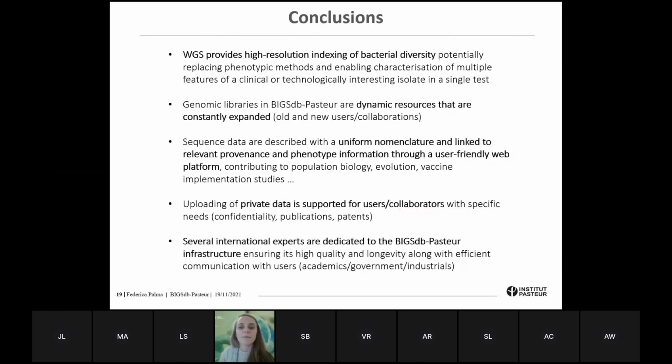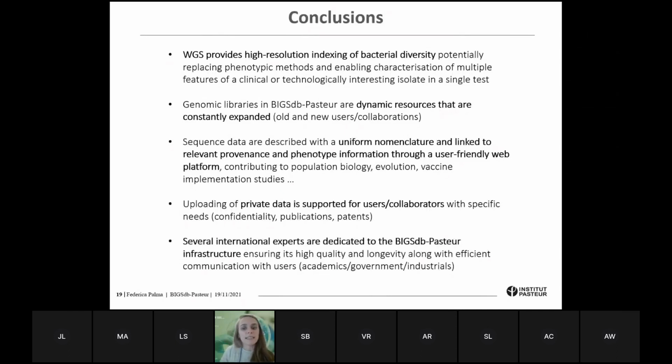With a single test, it is possible to eliminate different phenotypic tests that would be more time consuming, and also with a single test we would enable the characterization of multiple features in an isolate that can have a clinical or biotechnological interest.